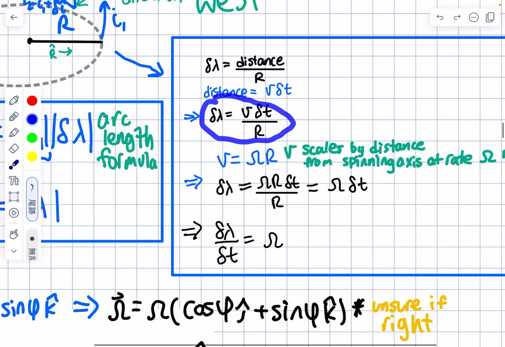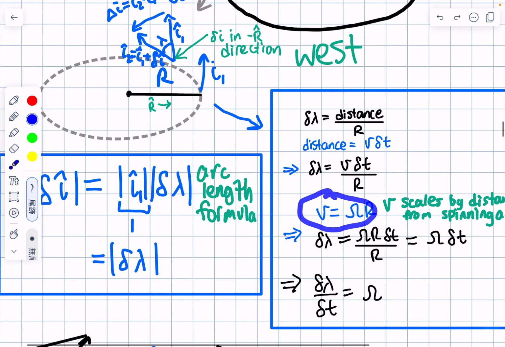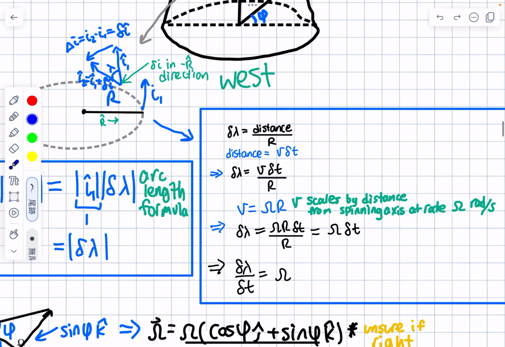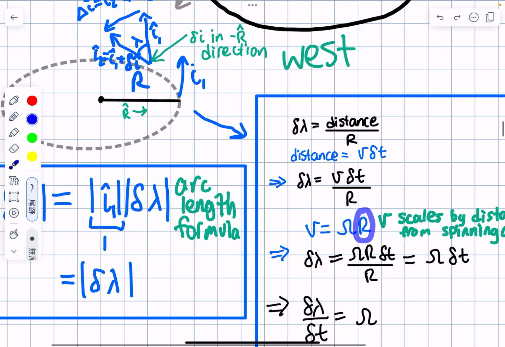And we also know by definition that velocity is equal to the speed of rotation, omega, in radians per second, times the distance from the center.